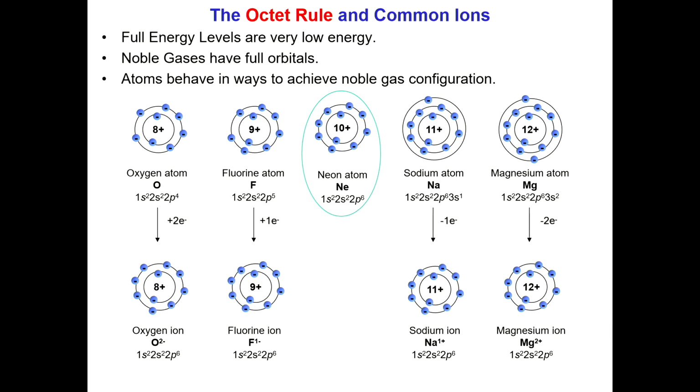Basically, for the atom, if the electrons have low energy, they are stable. If they have high energy, they must release some energy, and so this means they are not stable. So full energy levels are very low energy.